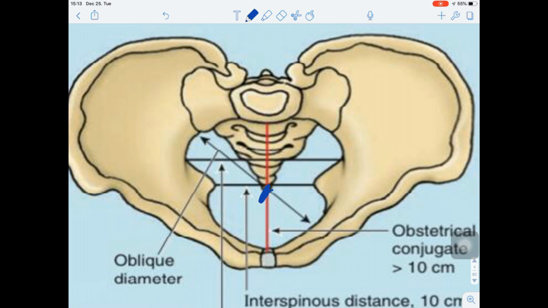So the tip of the coccyx, which is the lowest part of the pelvis, is the posterior border of the pelvic outlet, the end point of the pelvic cavity. The anterior border is going to be the pubic arch, as you see here, where the ischiopubic rami join together.